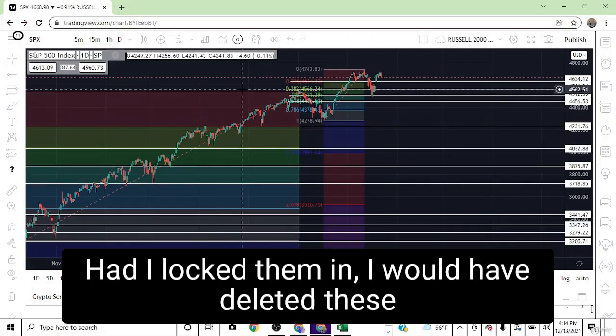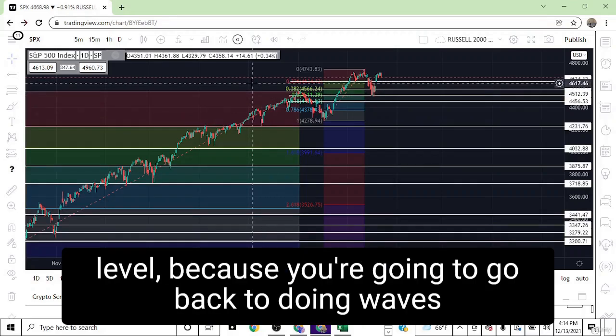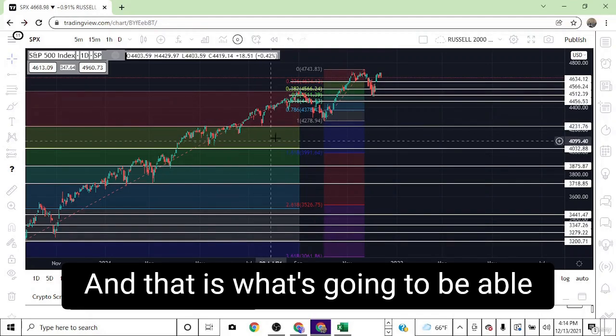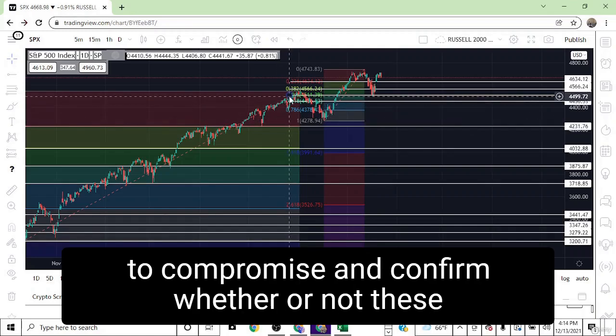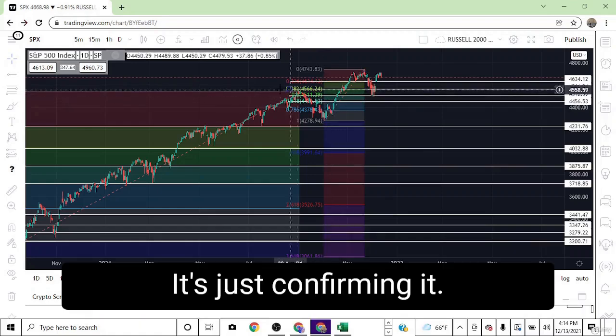Had I locked them in, I would have deleted these because, in your advanced level, you're going to go back to doing waves within these waves, swings within these swings. And that is what's going to confirm whether or not these are really true areas of support and resistance. It's just confirming it.